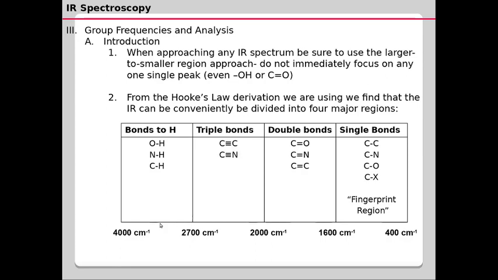And the region extending from 2700 centimeter inverse all the way up to something like 4000 centimeter inverse deals with the vibrations of bonds connected to lighter atoms such as hydrogen, so the vibrations of functional groups such as OH, hydroxyl, NH, and CH. If you remember this general trend, it will be easy for us to discuss the group frequency analysis.